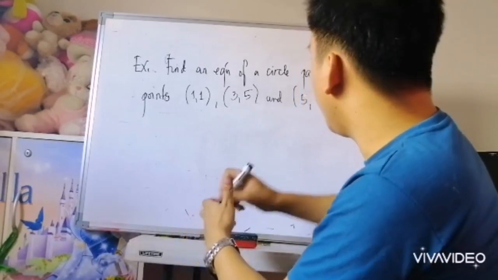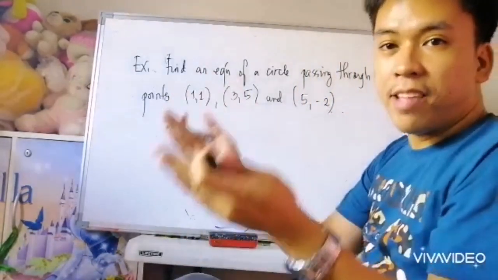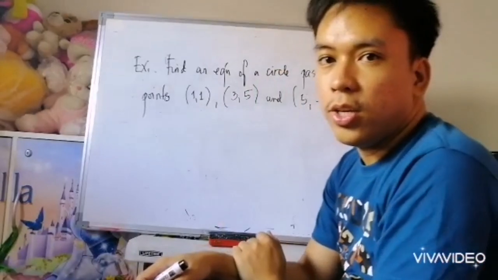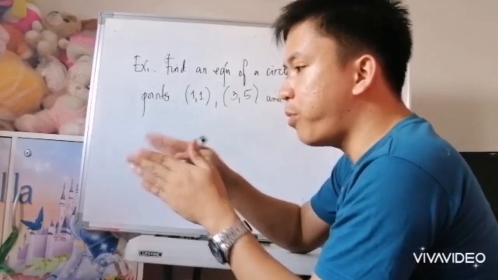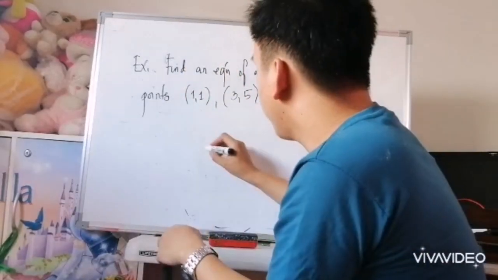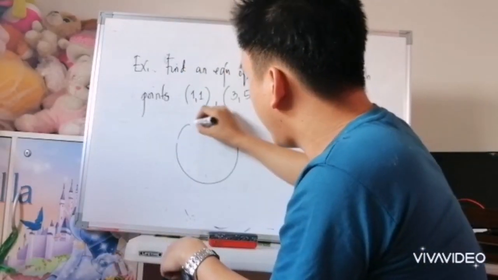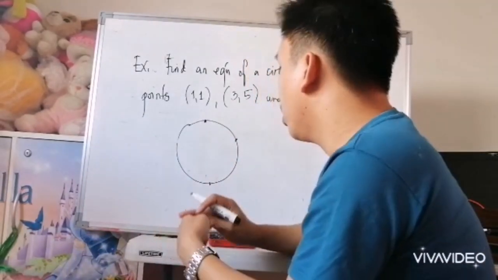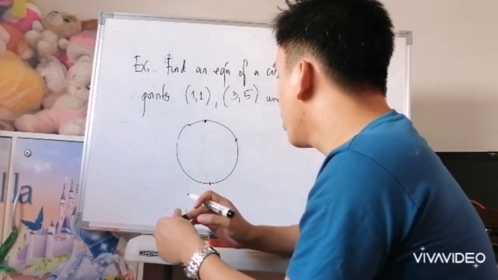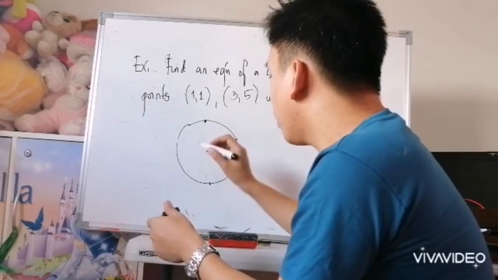So our problem here is we don't have a center, we don't have a radius. What you have is actually 3 points on the circle. If we imagine that we pick a point here, a point here, and a point here, remember that this is the center.